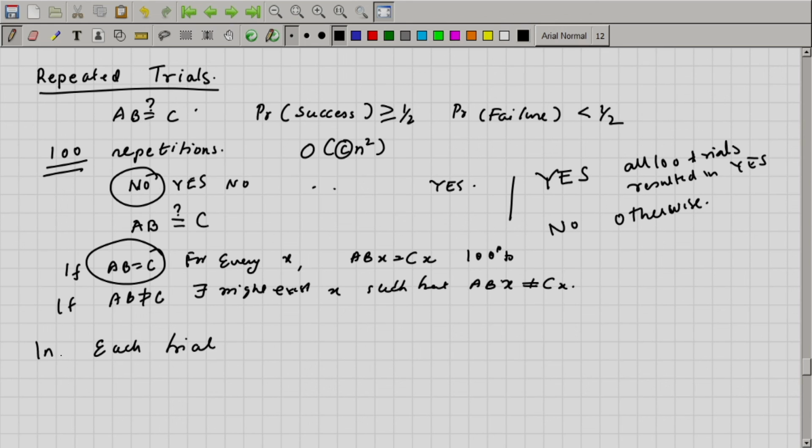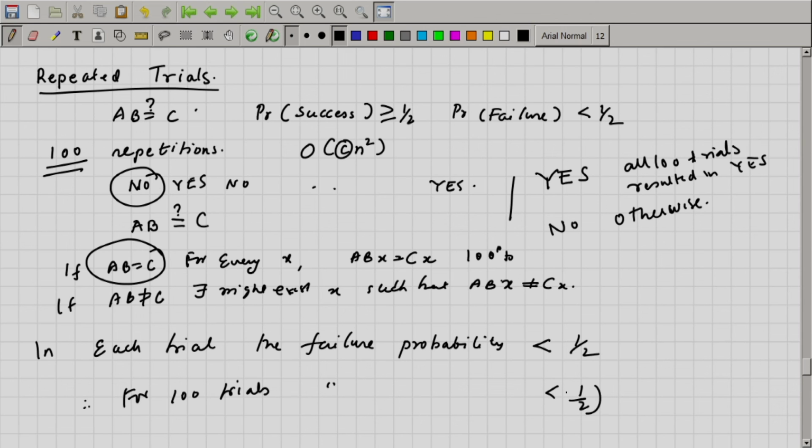Therefore, in each trial the failure probability is less than half. Therefore, for 100 trials the failure probability is less than half to the power 100. Only if each of the trials fails will we give the wrong answer.